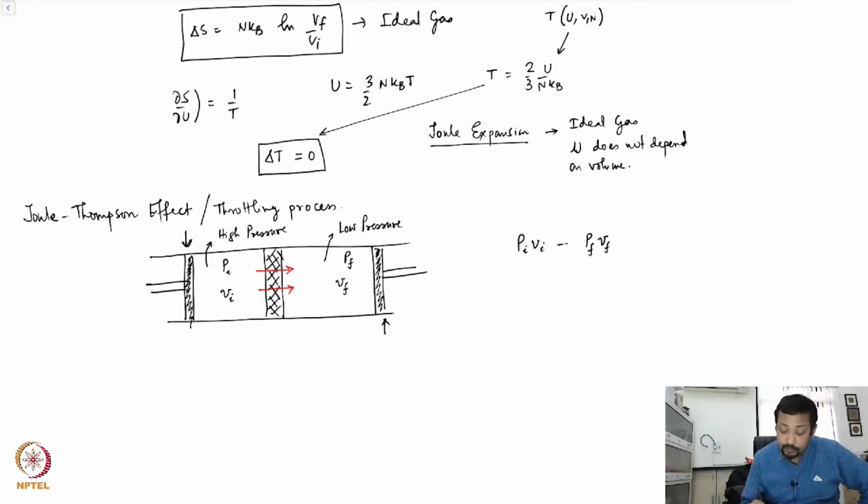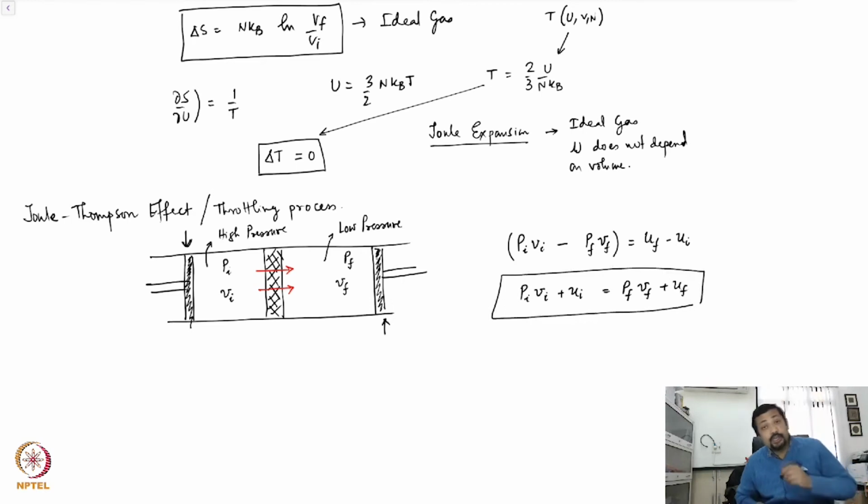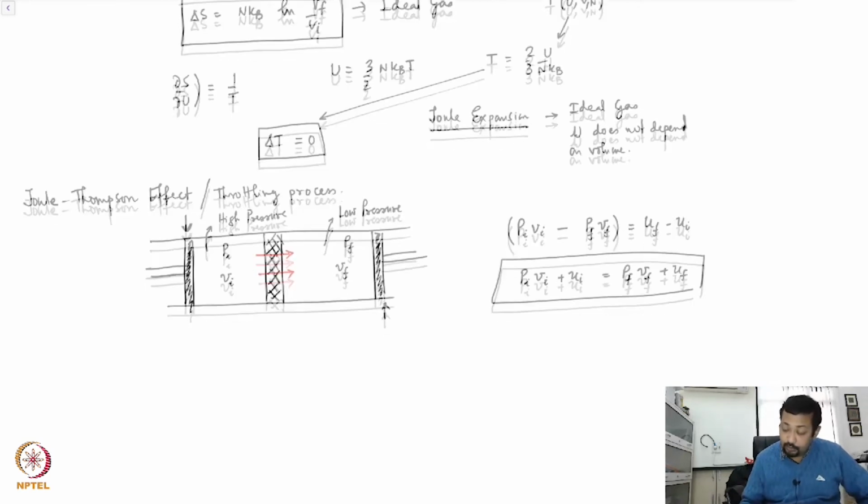Where Vi and Vf are the molar volumes. The net difference in the work, by conservation of energy, tells me the change in the internal energy, Uf minus Ui, must be the net work done. I can rearrange this equation and write Pi Vi plus Ui is going to be Pf Vf plus Uf, where the small u's are the molar internal energy, just as the small v's were the molar volume.